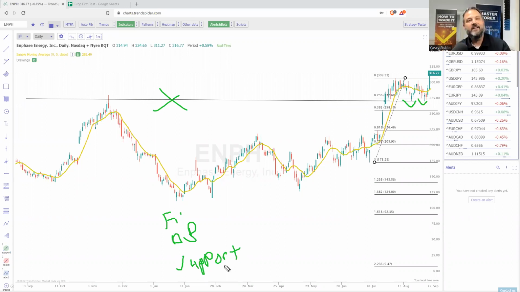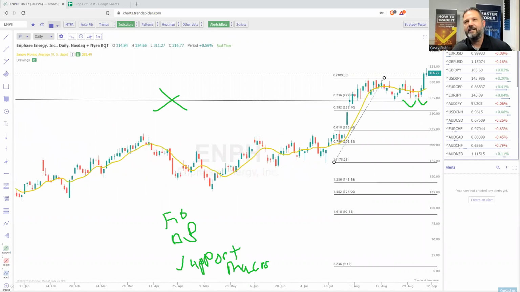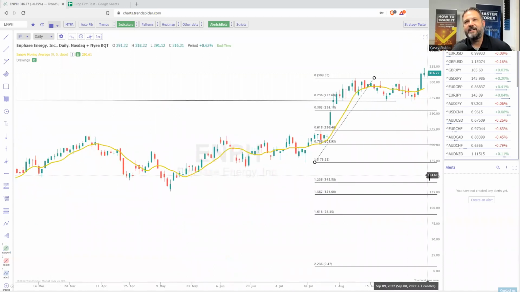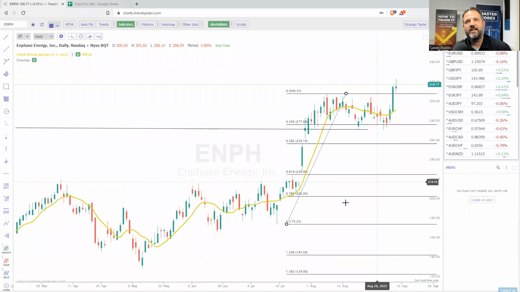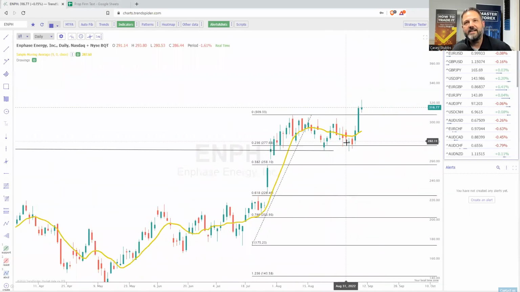But anyhow, so now I've got fibs, double bottom, support, and an MA cross, right? Okay, and something else that I have, if I look up, we got the double bottom, but there's something else too, right? What else? Well, we have a price action. I love price action. Study your price action. We have price coming down, making a new low, and then this price breaks out the top. We have a bullish engulfing candle.